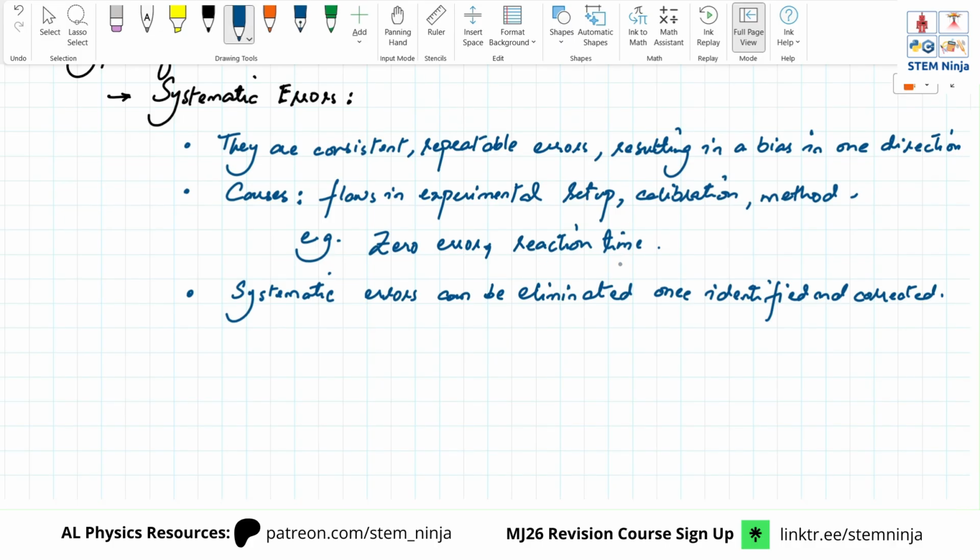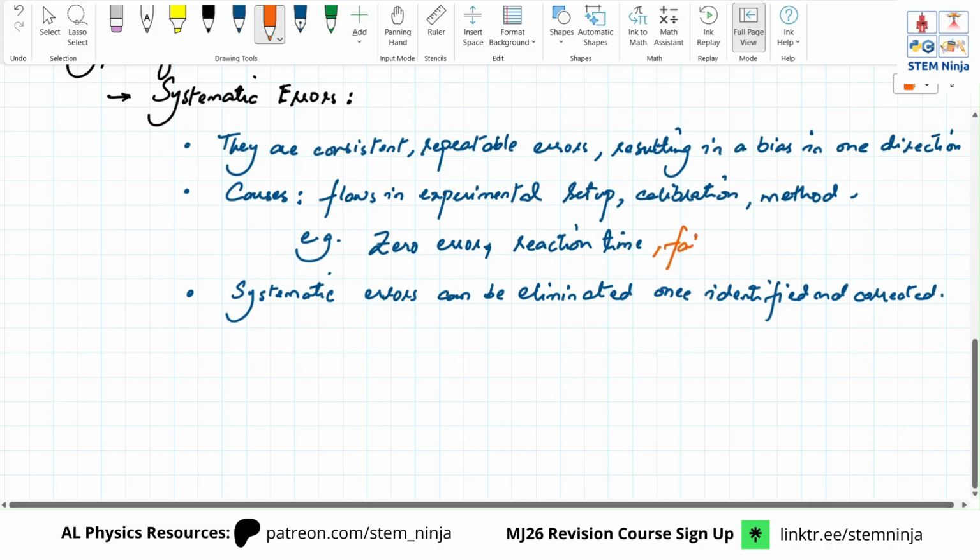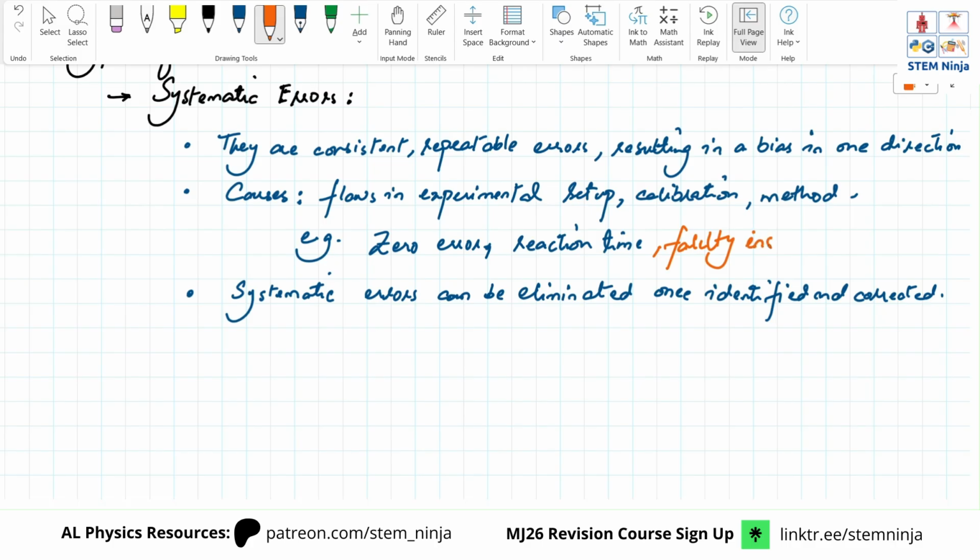Whatever the cause is, maybe a zero error, a reaction time, or a faulty instrument, once you identify that cause and correct it, your systematic error will go.